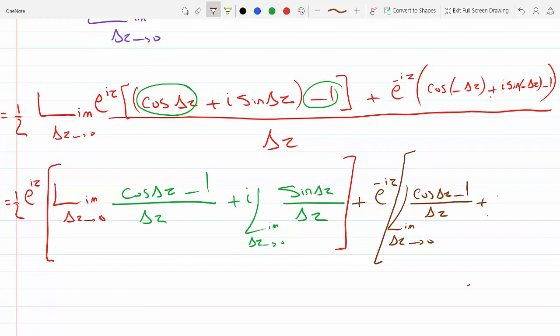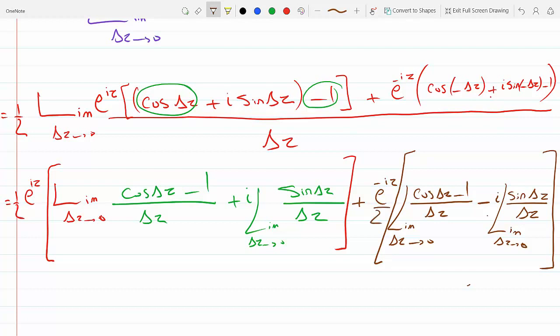Plus i, well, sine minus delta z is minus sine delta z over delta z, and then we will take the limit of this as delta z goes to 0. Okay, and also there's a half on this guy.